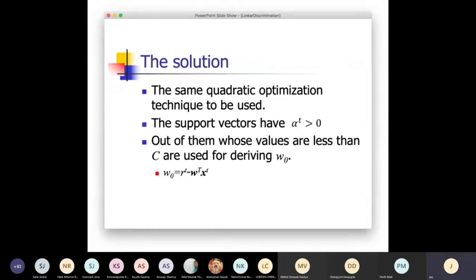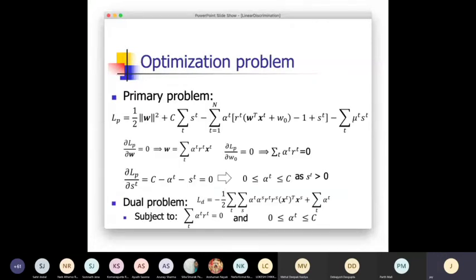And W naught, once again, you should take from those samples which are less than C, because that is what was one of the conditions here, as you can see.